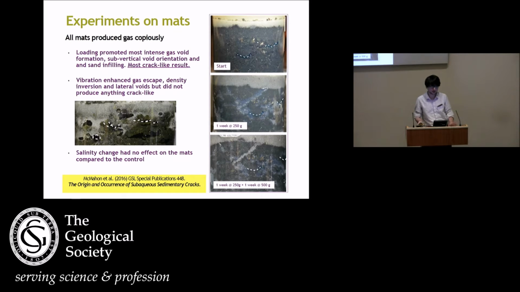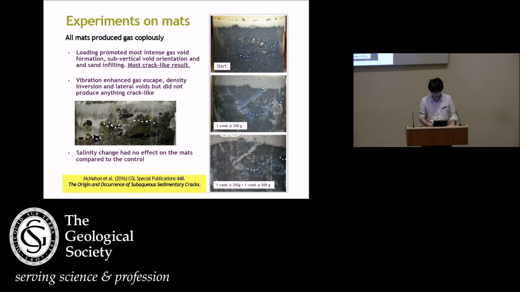And in all cases, including the control in which we didn't do anything, these mats and the mud produced a huge amount of gas. And that gas bubbled up through the mud and left behind these sorts of snaking voids, sometimes a little bit planar, sometimes hairline cracks opened up between these snaking voids. And this activity occurred across all the experimental conditions.